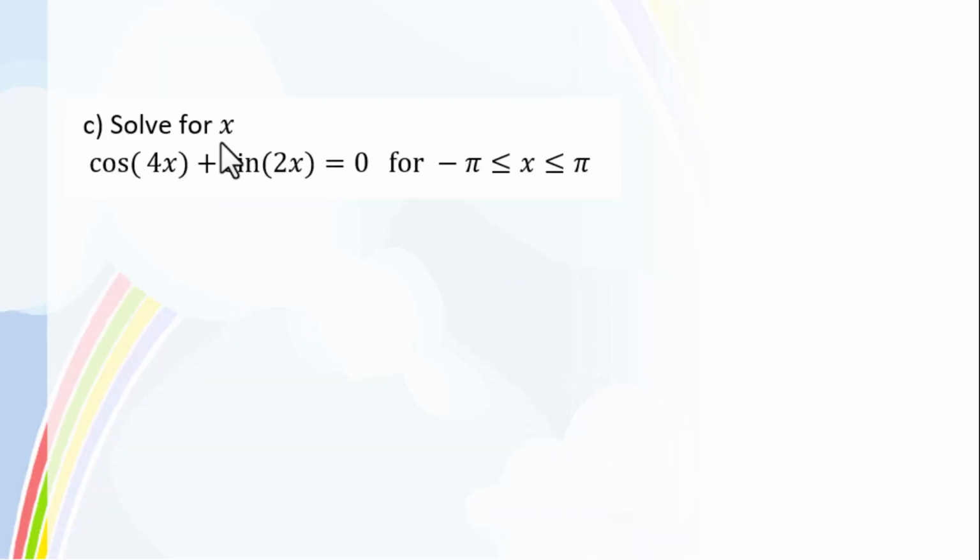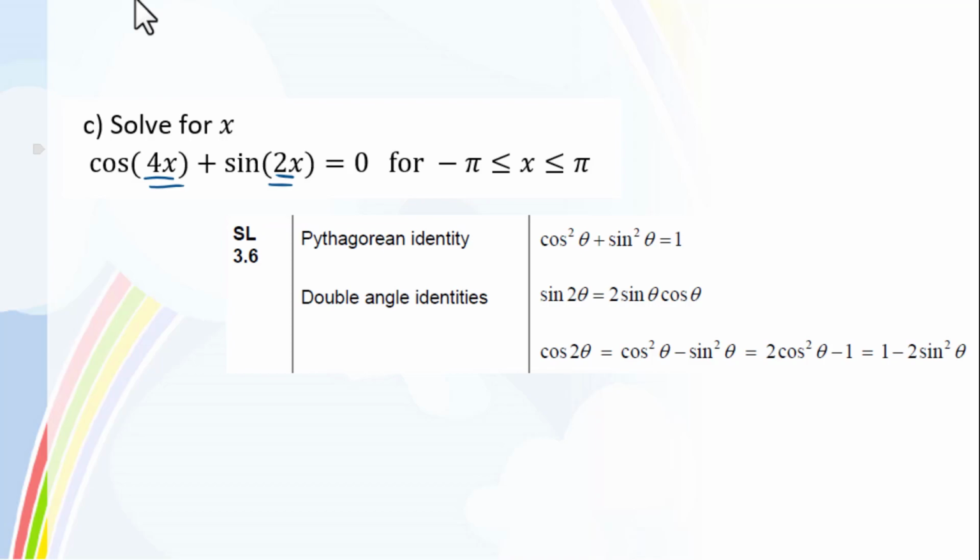Next, solve for x: cosine 4x plus sine 2x equals 0, for x greater than or equal to negative pi, less than or equal to pi. Since the angles are different, we will use double angle identities to change into the same angle 2x.